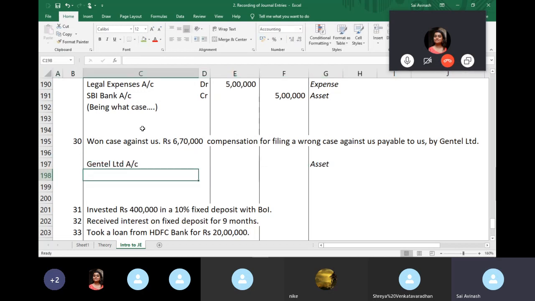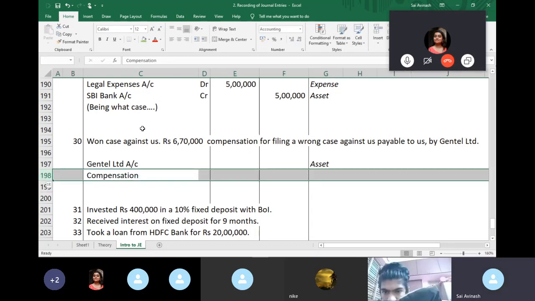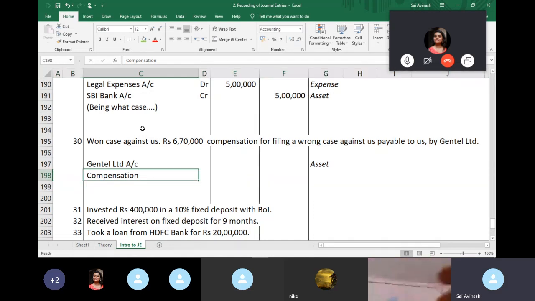And the second is, you can call it compensation. The thing is to be able to say exactly what, to be able to properly represent the account. Let us say this was a defamation lawsuit.